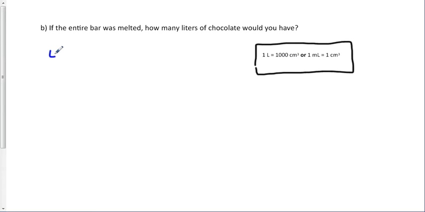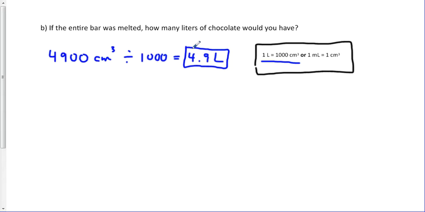So our Toblerone bar was 4,900 centimeters cubed. 1,000 centimeters cubed is 1 liter. So if we divide that by 1,000, we get 4.9 liters.